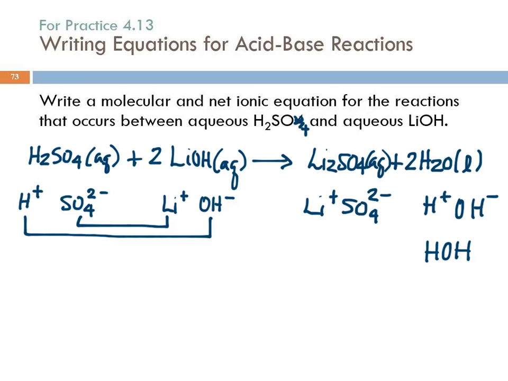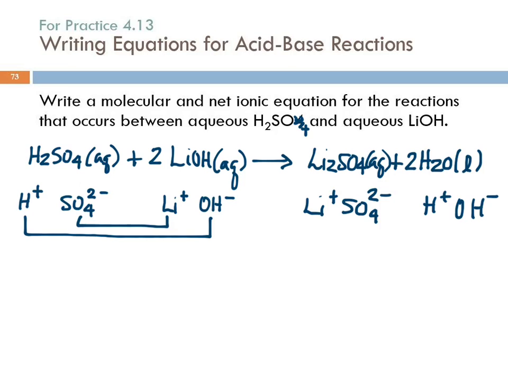It's not the only way to balance that equation, and probably wasn't the best way, but that's the molecular equation. Any questions about that? What you'll find is if you have a diprotic acid, you'll end up with 2 water molecules. If you have a triprotic acid, you'll end up with 3 water molecules.